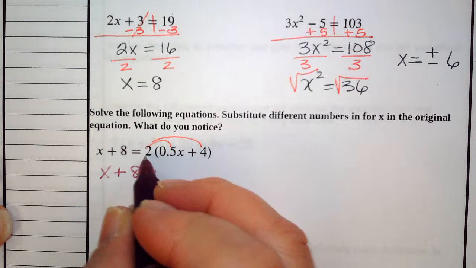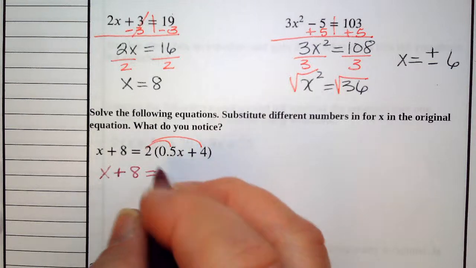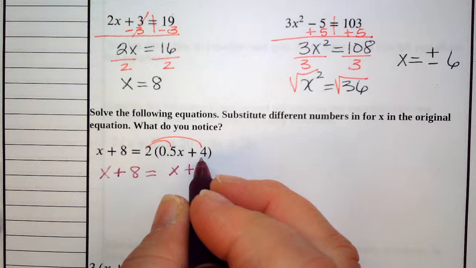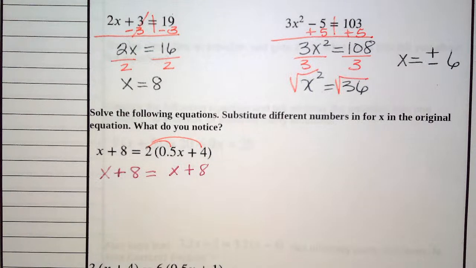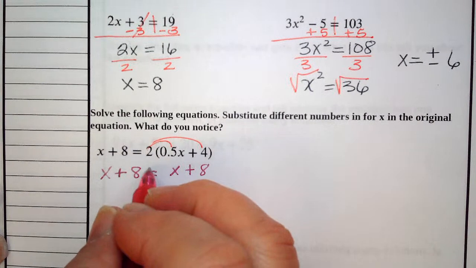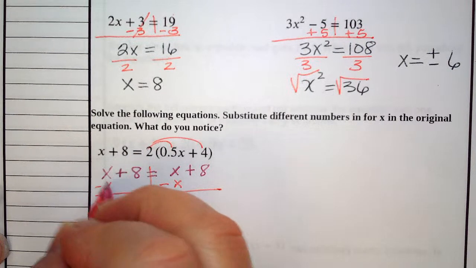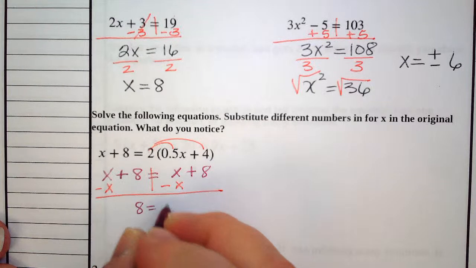When I'm taking 2 and I'm multiplying by 0.5, that's the same as 2 times 1/2, and that gives me 1. So I've got x plus 2 times 4 is 8. So when I get ready to solve, I subtract x from both sides, and I end up with 8 is equal to 8.